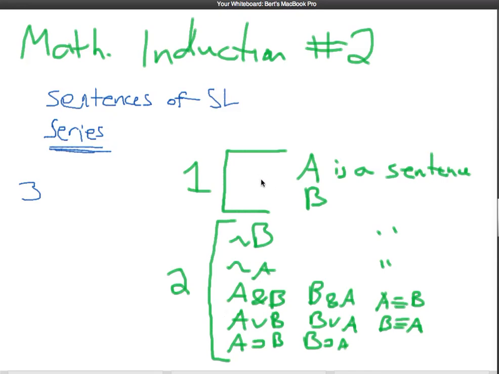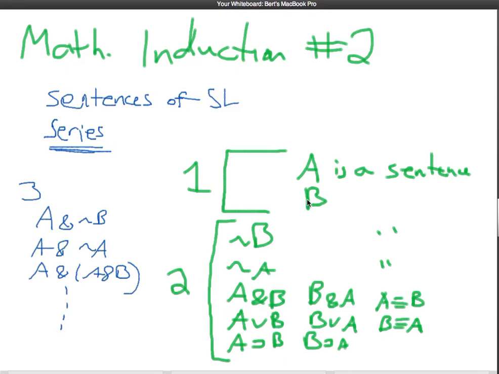So just to give you an example, we can have A and not B, A and not A, and A and B.